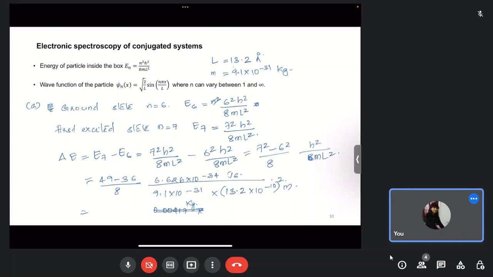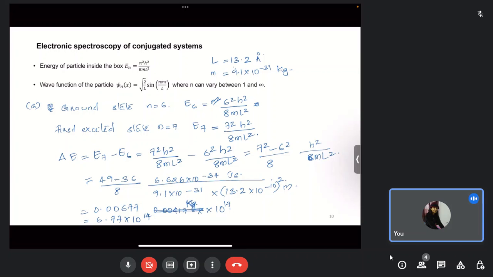Into 30. So we can write it as 6.77 into 10 to the power 14, and this is joule seconds, and you have a denominator with kilograms.